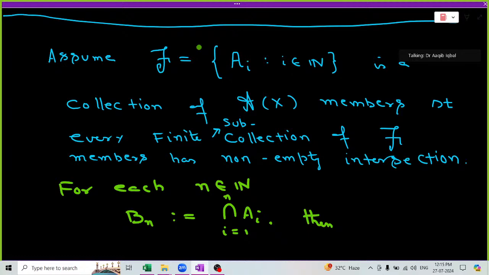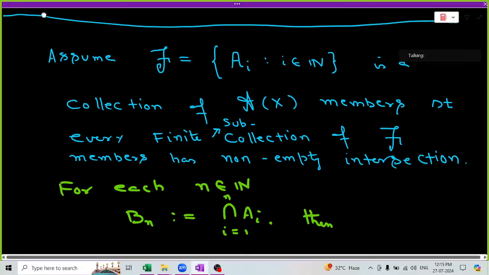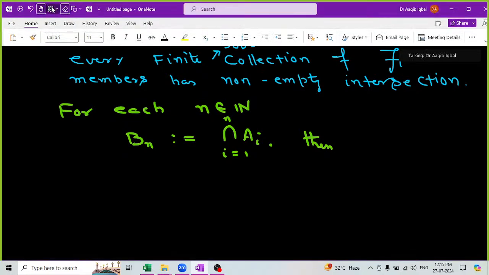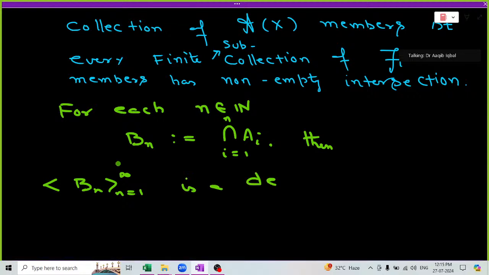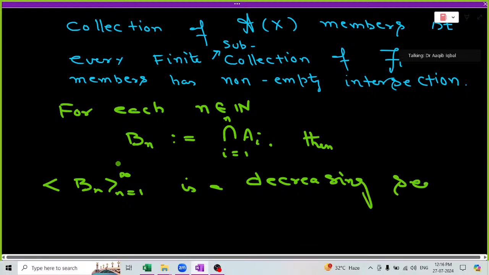Then if that be the case, then Bn, n running from 1 to infinity, is a decreasing sequence, है ना, a decreasing sequence of non-empty script A X members.